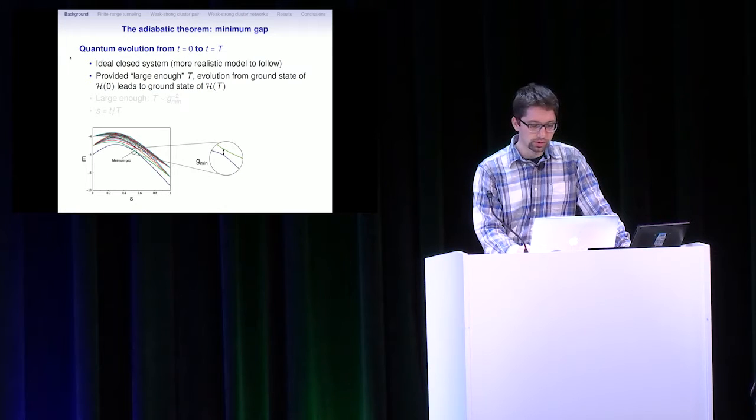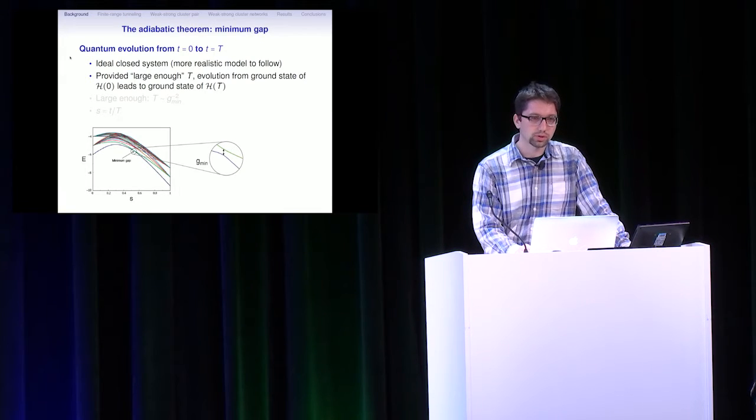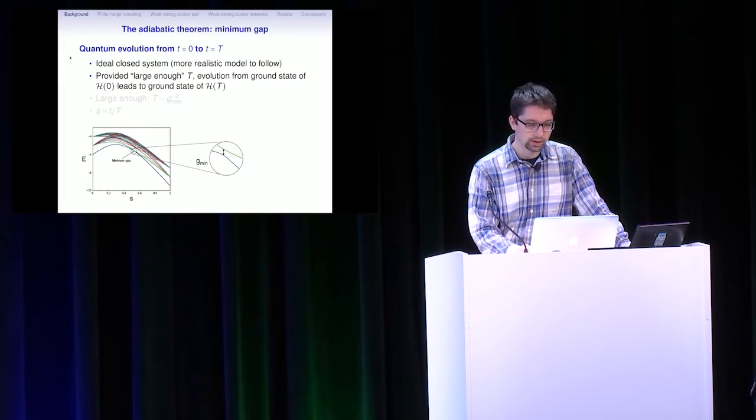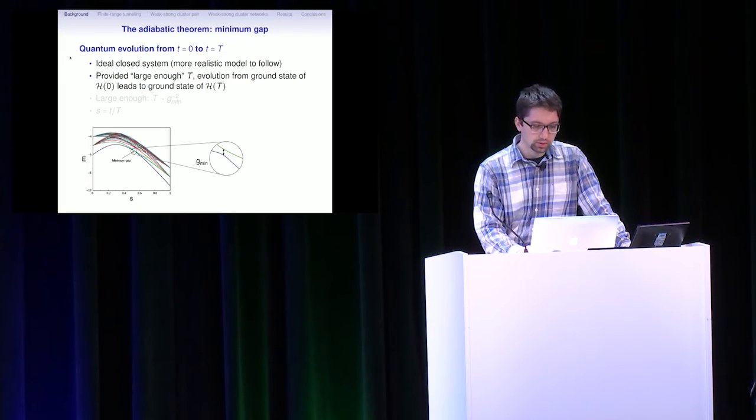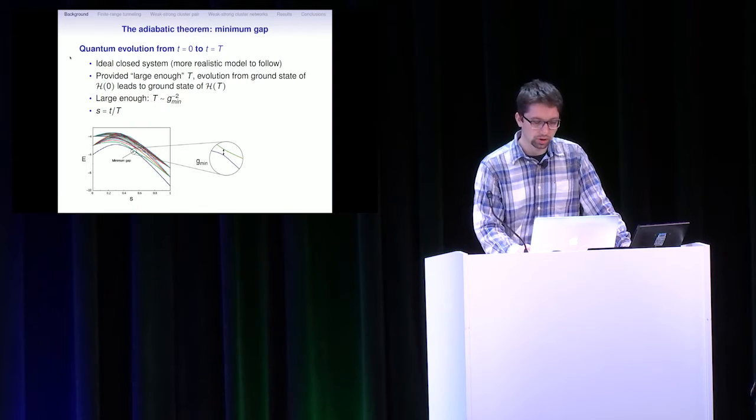The Adiabatic Theorem from quantum physics says that if we have an evolution time that is large enough, when we start in the ground state of our time-dependent Hamiltonian at time t0, we are going to end up in the ground state of our Hamiltonian at time capital T. So this large enough is defined in terms of the minimum gap in the eigenspectrum of the time-dependent Hamiltonian.